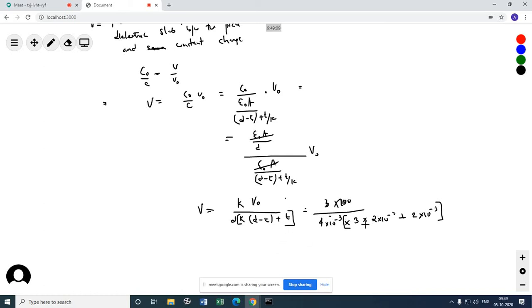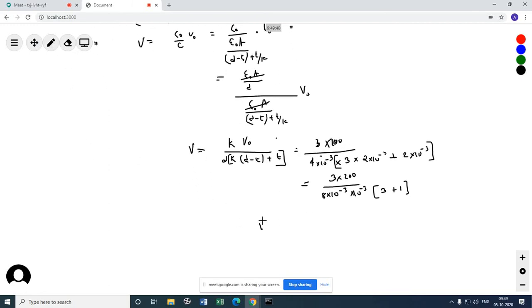So I can take 2 common out, 8. So 3 into 200 divided by 8 into 10 to the power minus 3 common out. So this should be 10 to the power minus 3 into 10 to the power minus 3, and this will give me 3 plus 1, 4.